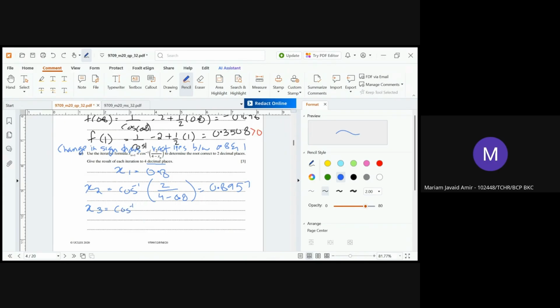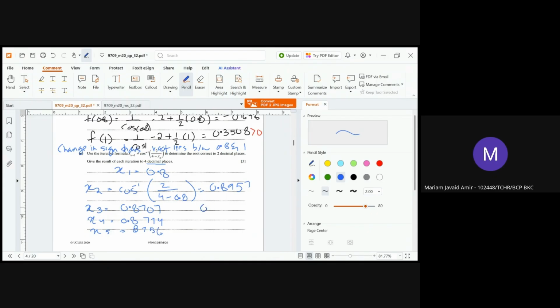Now you can just keep pressing the equals key in the calculator. It'll get us x3 equals 0.8707. Another equals, we'll get 0.8774. Next will be 0.8756.